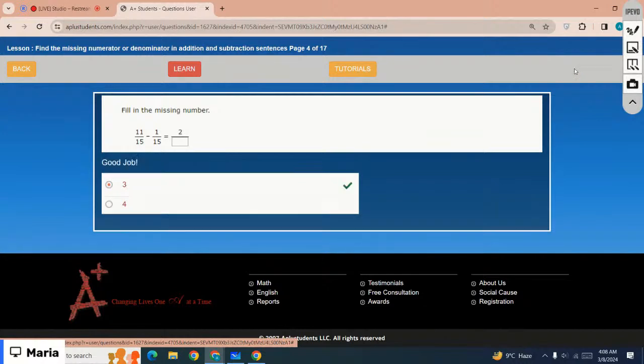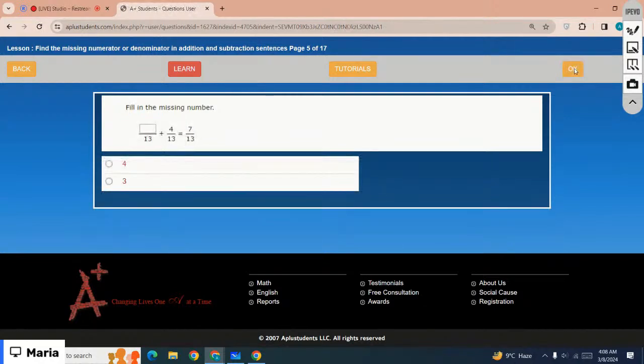Stop guessing the answers. Use your notebook and pencil, solve the question, and then write down the correct options over here, right? Okay, so the missing number over 13 plus 4 over 13 equals 7 over 13. Which is the correct option? Which number is missing?